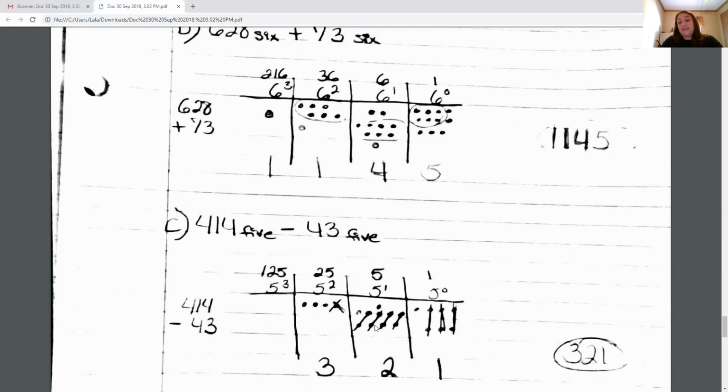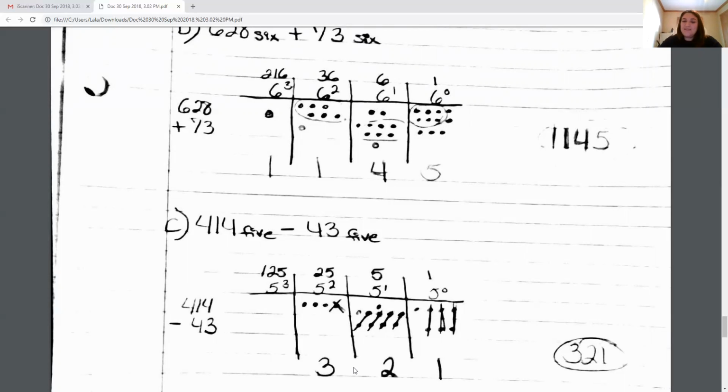We can subtract 4 from 6. Let's mark out our dots. 1, 2, 3, 4. And that leaves us 2 dots, so we'll bring down the 2. Now over here, there's 3, and there's no dots in this column for this number. So we'll just bring down the 3. So the answer to that's 321.